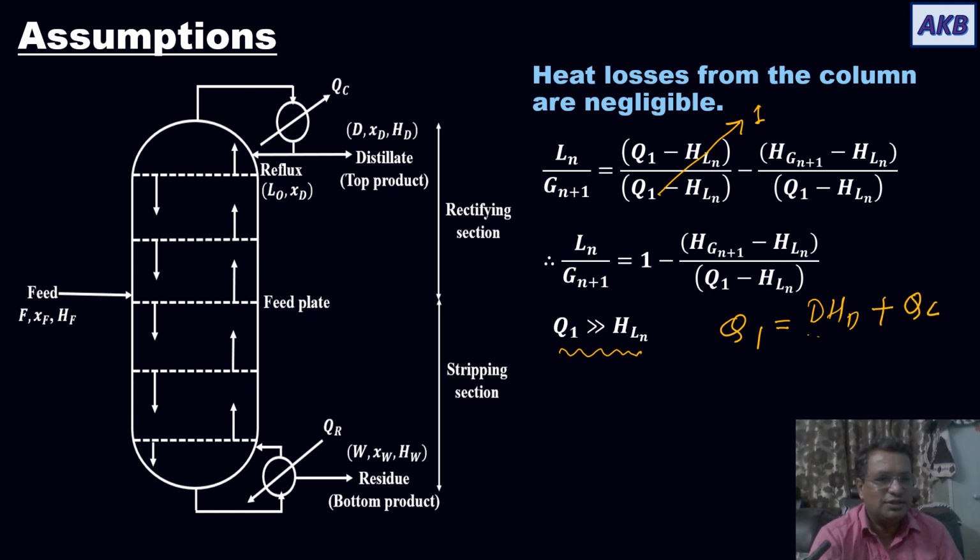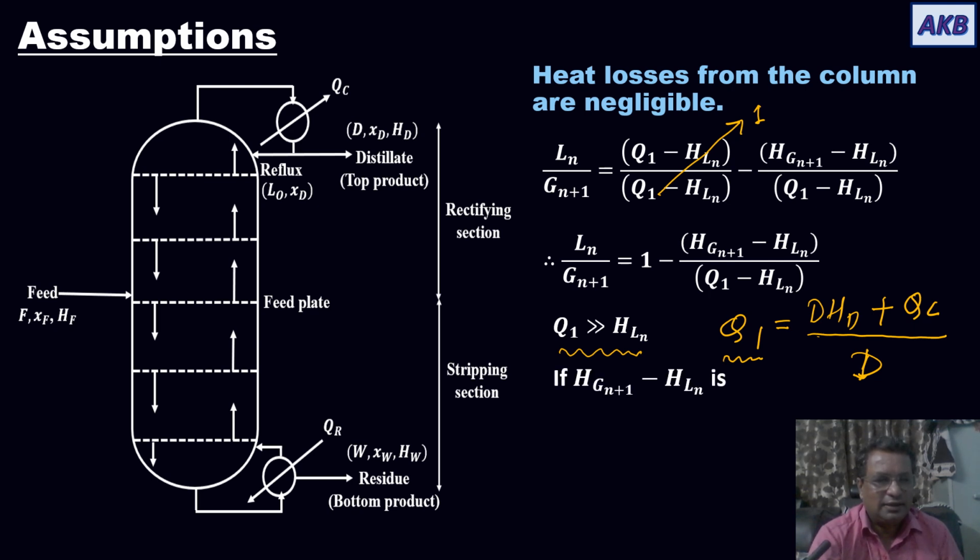So Q1 is D HD plus QC into D. So this is the net heat removed at the top per mole of the top product, that is per mole of the distillate. As compared to the enthalpy of the liquid on the nth tray, the heat removed at the top is very large. So that's why I'm saying Q1 is very much larger than HLn.